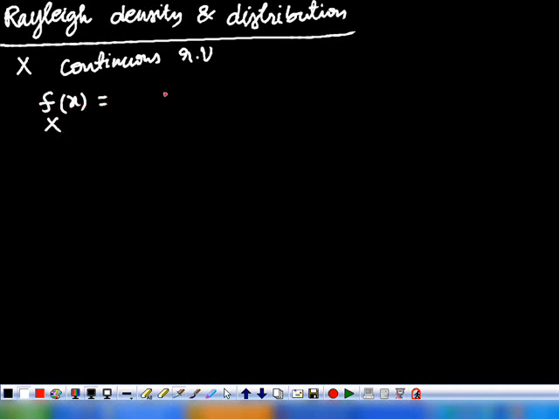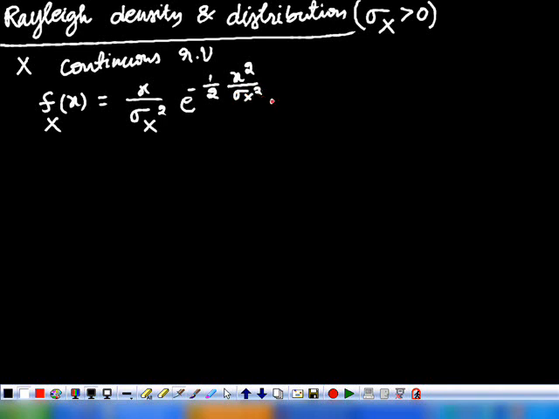The Rayleigh density function is defined as x upon sigma x square, where the condition is that sigma x, which is the standard deviation of the random variable, must be greater than 0. This is e power minus 1 by 2 times x square divided by sigma x square, times u of x.